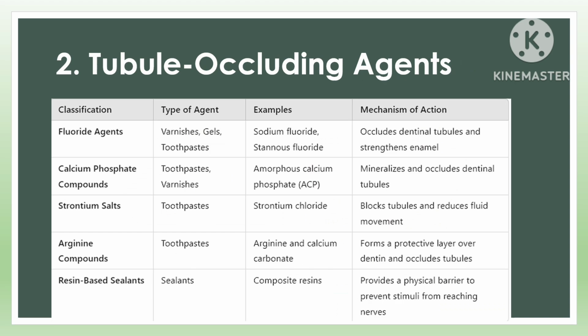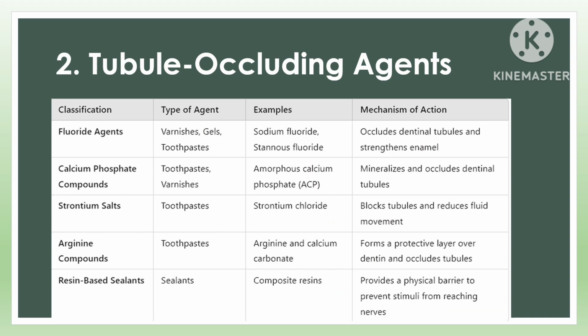Some of the commonly used agents to block dentinal tubules are the fluoride agents, which include sodium fluoride or stannous fluoride, calcium compounds, calcium phosphate and amorphous calcium phosphate, strontium salts, an example is strontium chloride, and arginine compounds.